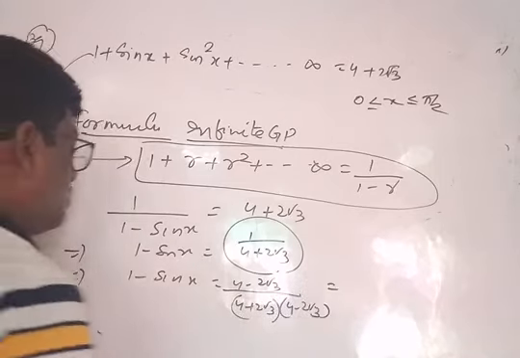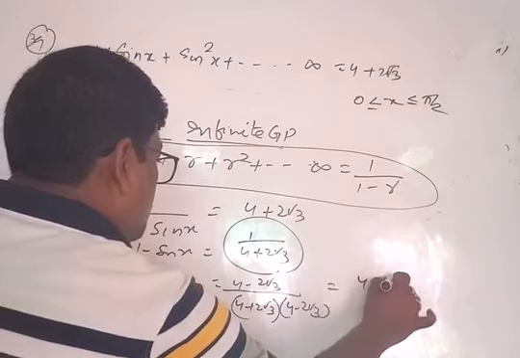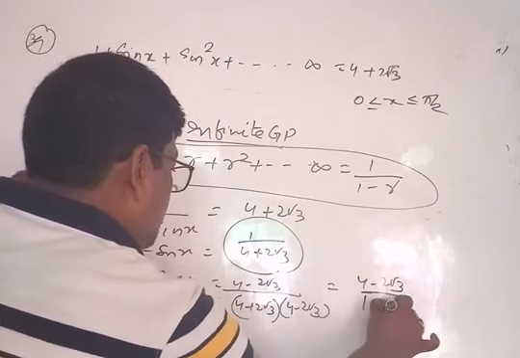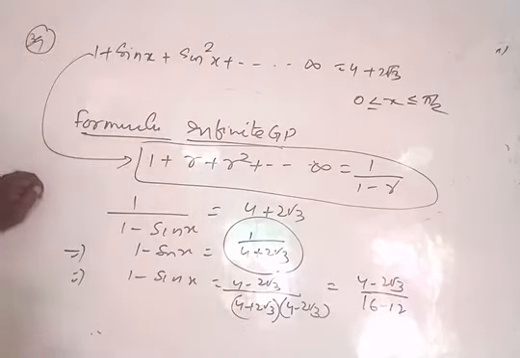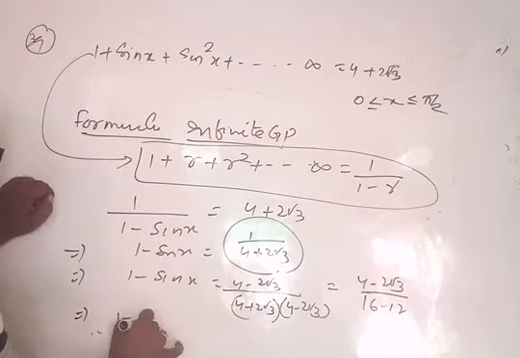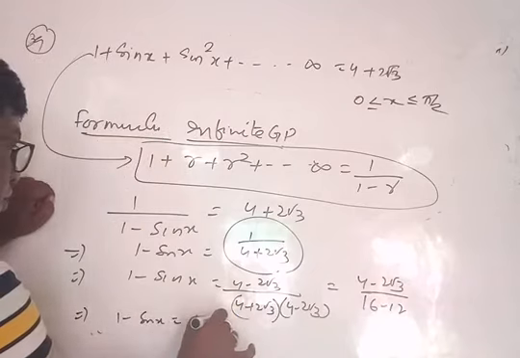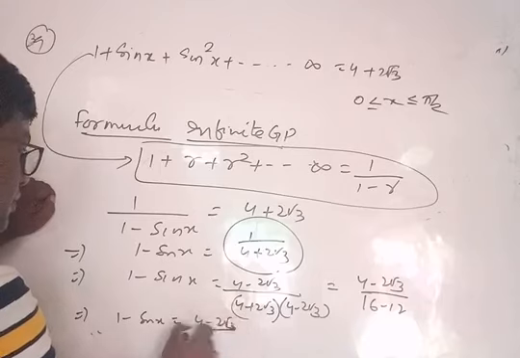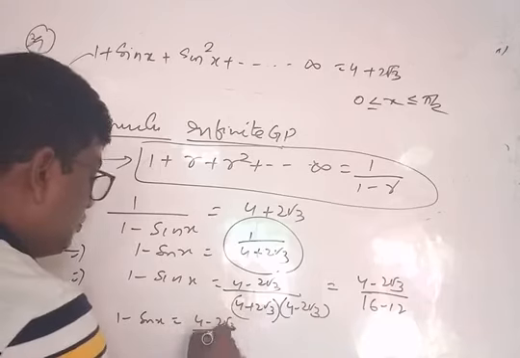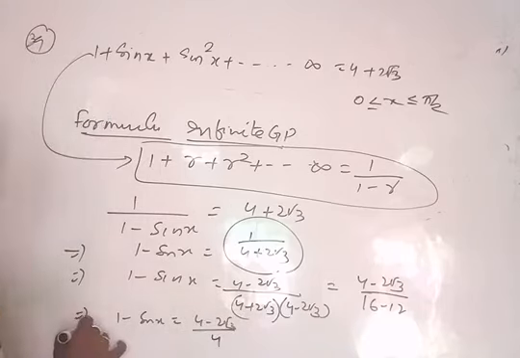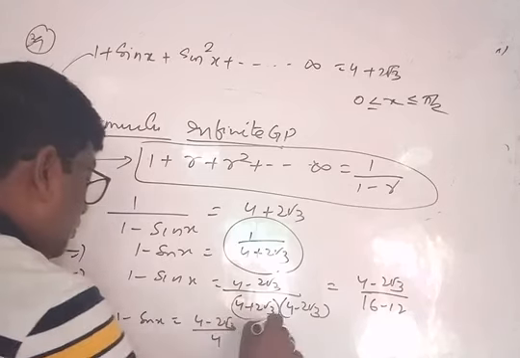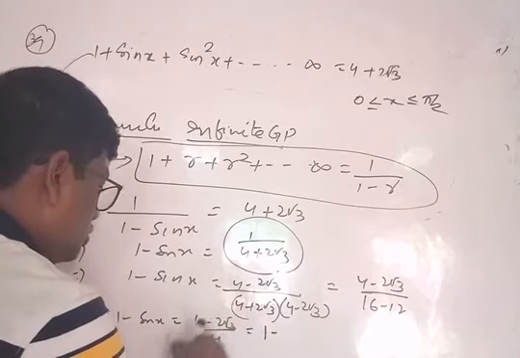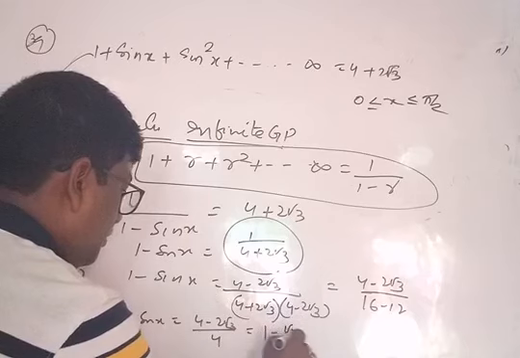This is equal to 4 minus 2 root 3 by 16 minus 12. So 1 minus sin x is equal to 4 minus 2 root 3 by 4, which is 1 minus root 3 by 2.